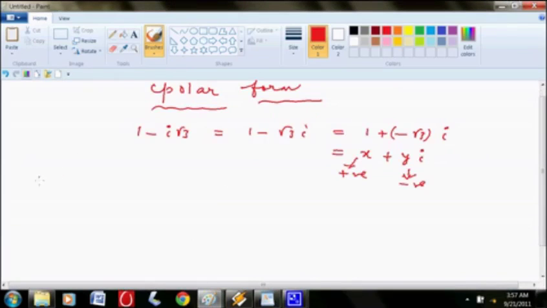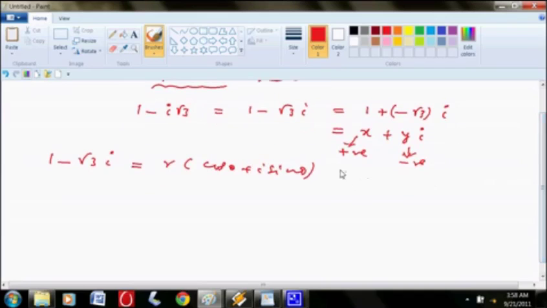Now I have 1 minus root 3i. I will take it as r into cos theta plus i sin theta. Your r is the square root of a squared plus b squared, which is 1 squared plus minus root 3 squared, which is 1 plus 3, which is 4, so r is 2.